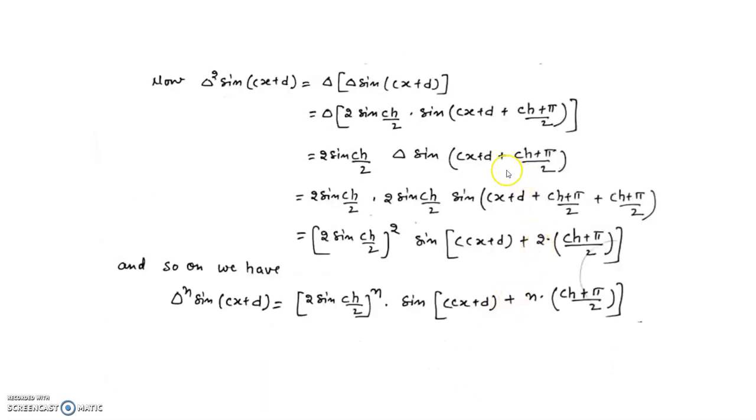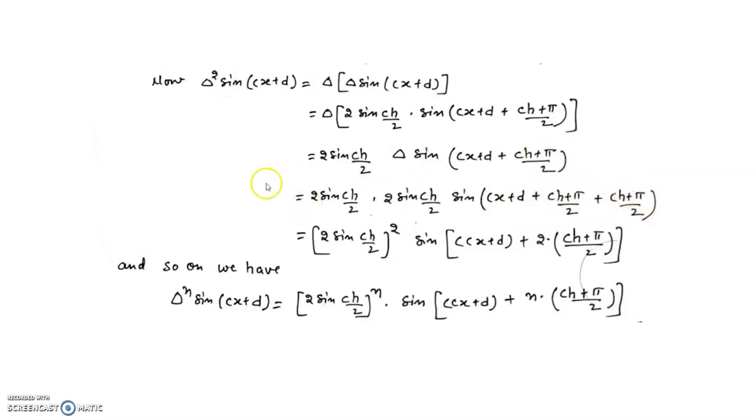So if we say this complete term is theta, then its delta will be this complete theta plus one more term ch + pi/2. So we are getting this term again and again. So delta of sin(cx + d + ch + pi/2) will be equal to this complete term with one more ch + pi/2.